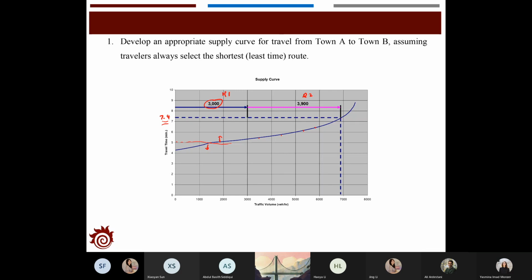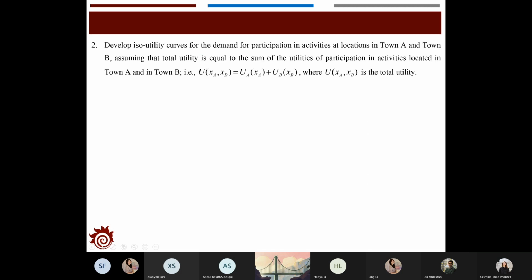So that's what we get for the relationship between the travel time and the volume. And this is called the supply curve, which is what we want to find for this problem. You can see that the supply curve is only determined by the fundamental diagram of the two routes. So that's the first question.